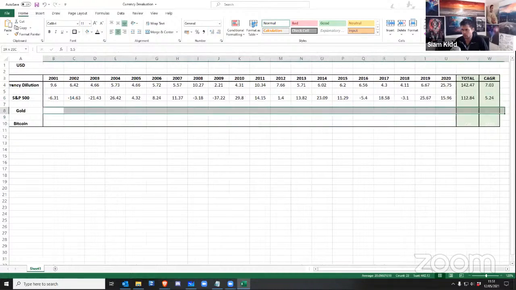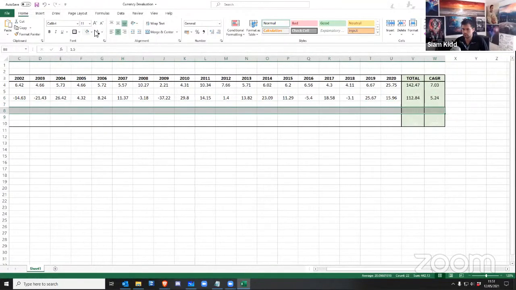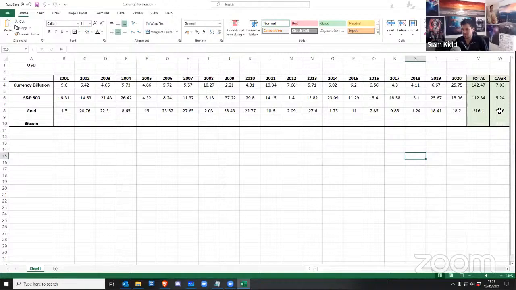I then did the same for gold. Gold is slightly better in terms of CAGR, but it's still pretty pants. Gold hasn't really done much. And this is hard for me to say because I've been a massive gold and silver fan for a big chunk of my life. Since 2009, when I bought my first silver coin, I've been a massive gold and silver bug.